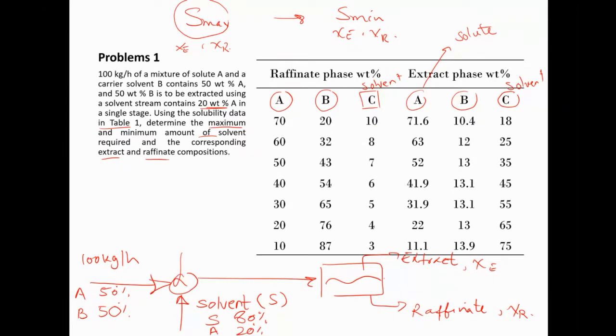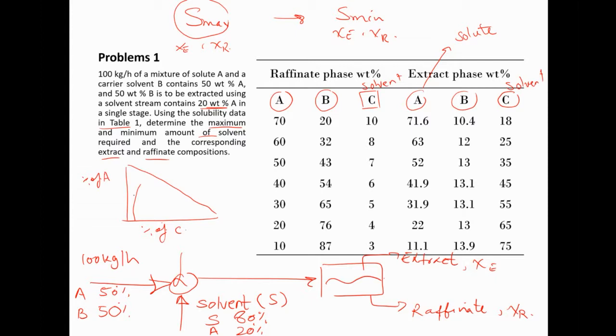Okay, so I give you maybe less than 10 minutes, and if you finish it, just let me know. Let me give you some idea. You have to draw the two lines. This is your percentage of the solvent, percentage of C, and this is percentage of A, the solute.